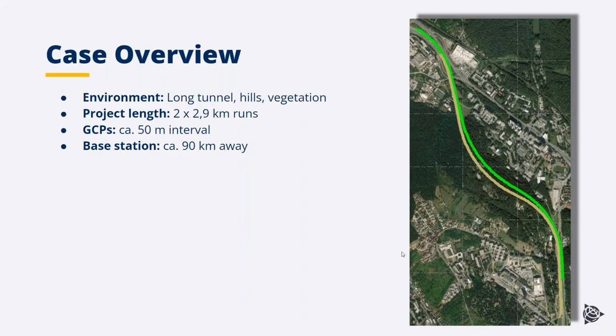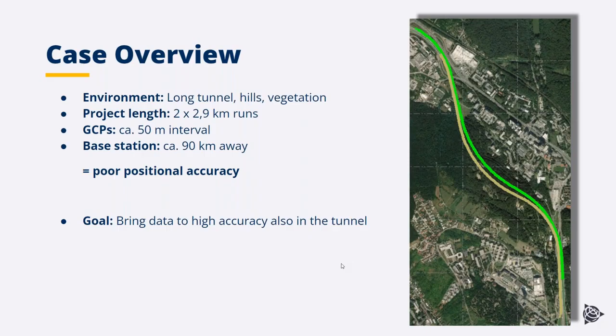Usually we would say that a reasonable maximum distance for a base station is 20 to 30 kilometers from your trajectory. All of this led to poor positional accuracy: the difference between our data and our ground control points was roughly 50 to 60 centimeters in the tunnel. The goal here is to bring the data to high accuracy also in the tunnel, and we do it by using the p-fix process to correct the inertial solution in the tunnel.